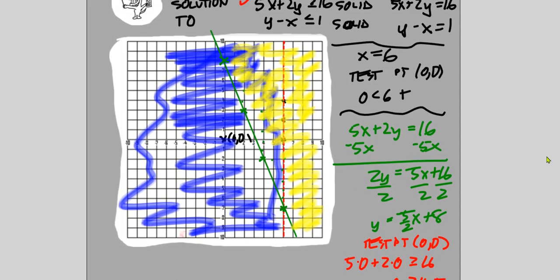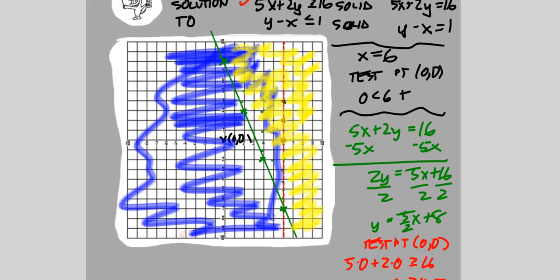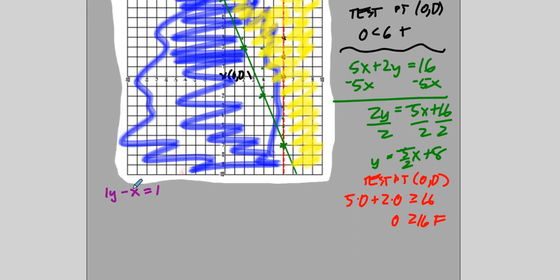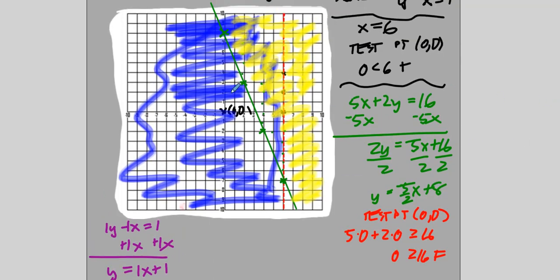We're going to start with y minus x equals 1, the boundary. So let's again put coefficients of 1 there. Solving for y, I'm going to add 1x to both sides. So I get y equals 1x plus 1, so the y-intercept is 1.